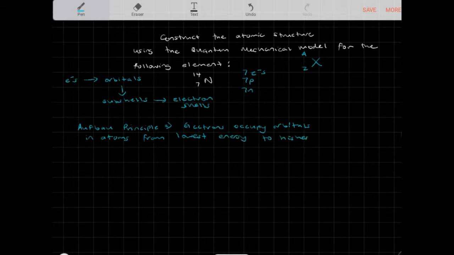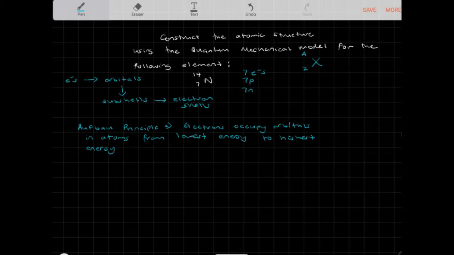This is really important because orbitals make up subshells, and then subshells make up electron shells, so electrons will always occupy lower energy electron shells, then lower energy electron subshells, and therefore lower energy electron orbitals first before their higher energy equivalents.